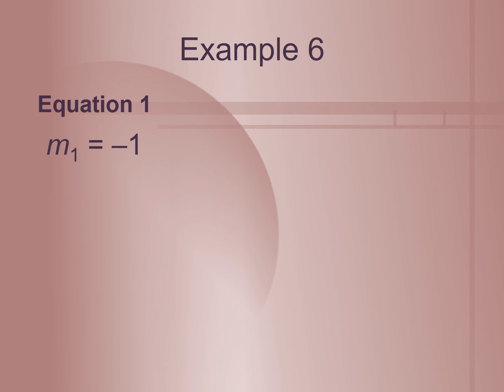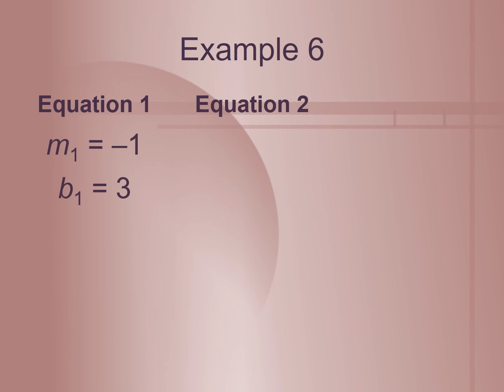If we're looking at equation 1, which is 3y equals negative 3x plus 9, if we put that into slope-intercept form, we would see that our slope is negative 1. We would also see that our y-intercept is 3.